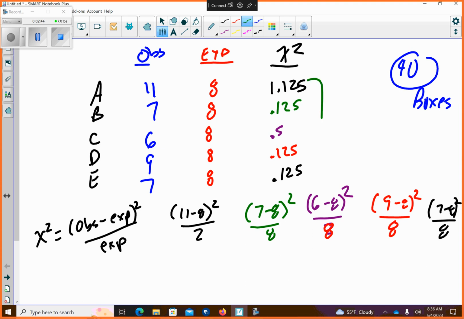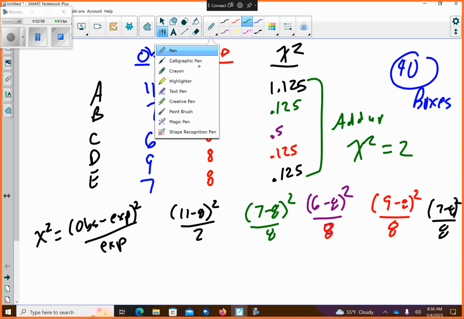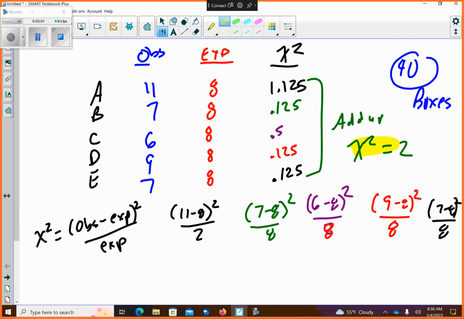If you add all these up, this gives you your chi-square that you plug into Desmos. In this case, it's just going to come out to 2. So this will be something that we will plug in to Desmos.